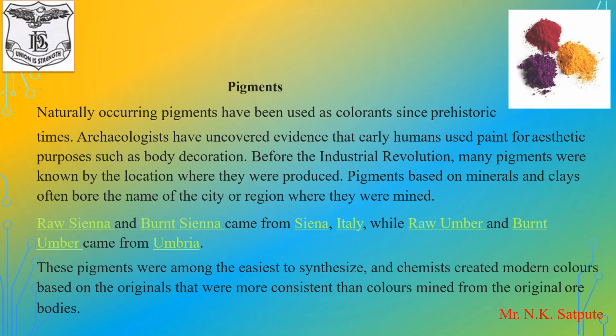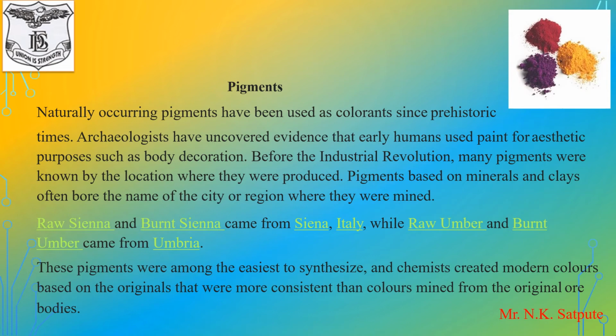Umber. Umber is a natural brown or reddish brown earth pigment that contains iron oxide and manganese oxide again. Umber is darker than the other similar earth pigments. Sienna is also an earth pigment, umber is also an earth pigment, but the darkness varies. As per the darkness, they were classified.